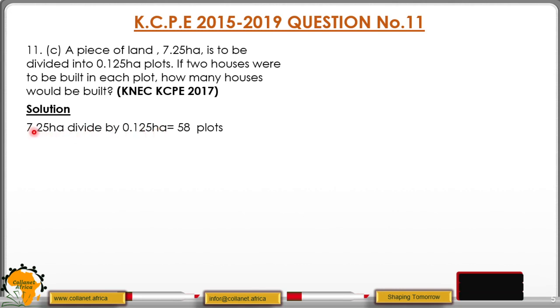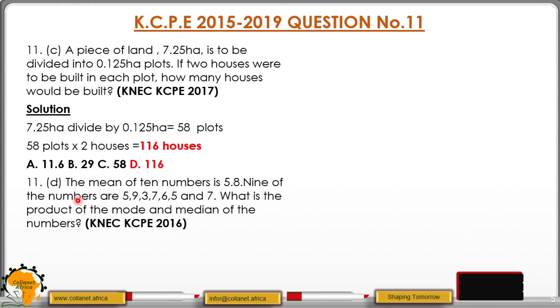So it means you are going to divide. When you divide, you are going to get 58 plots. So after getting 58 plots, you are told 2 houses were built in each plot, every plot. So it is 58 times 2, you get 116 houses. So your answer is D, 116.